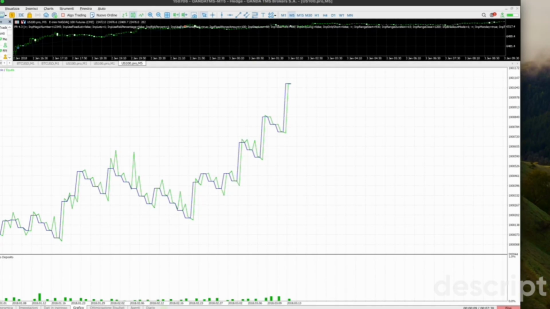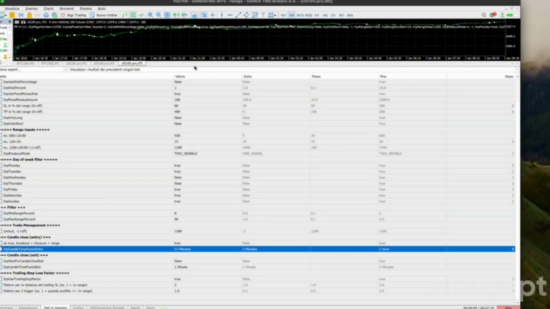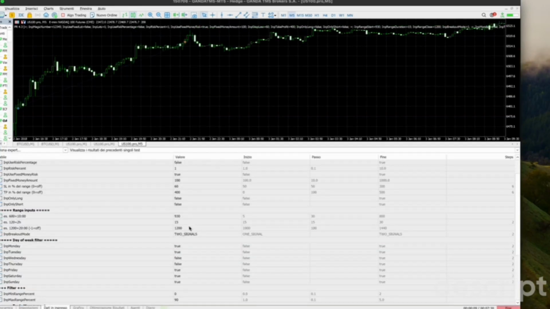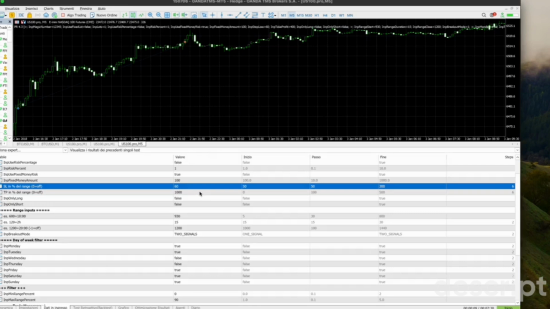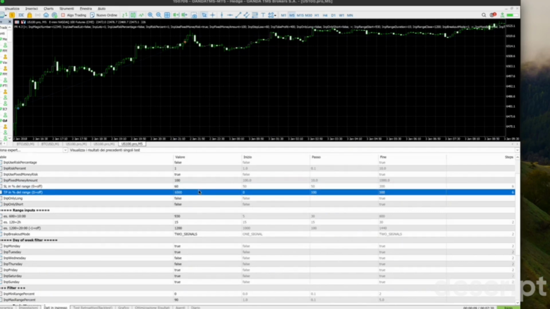In another video, I'm going to show you how to optimize algorithms, because as you can see, those parameters you can modify as you prefer. So if you put 1000, that means 10 times the range, your take profit is going to be 10 times the range. Of course, it's hard to test that manually.